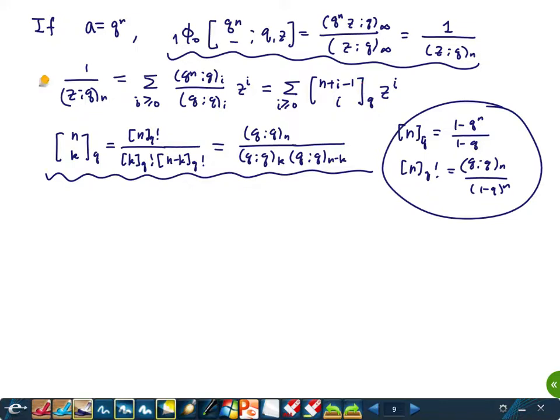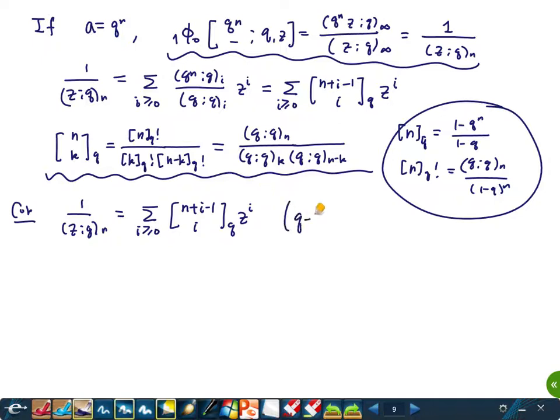So in this case, corollary, we just proved that (zq^n; q)_∞ over (z; q)_∞ equals the sum over i from 0 of the q binomial coefficient times z to the i. This is more familiar than the previous q binomial theorem.